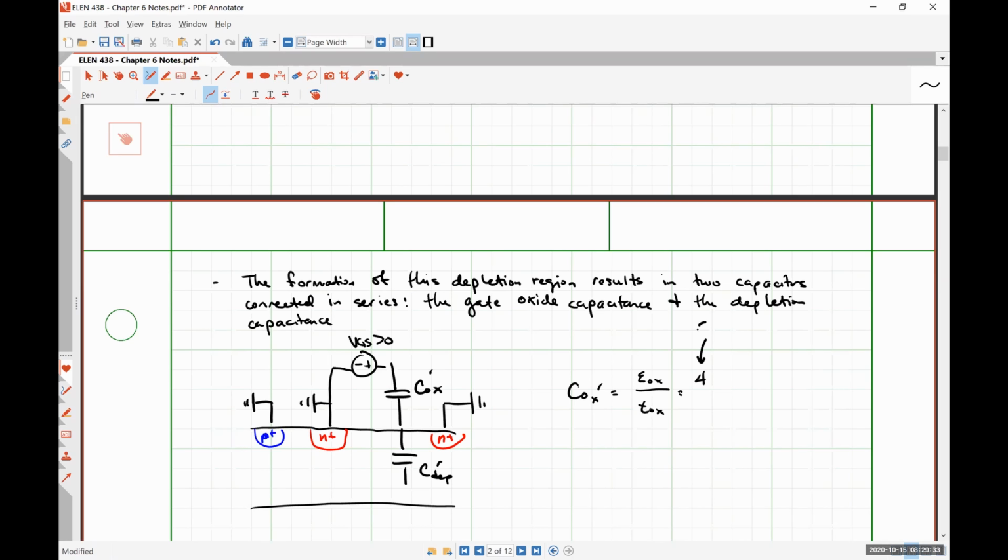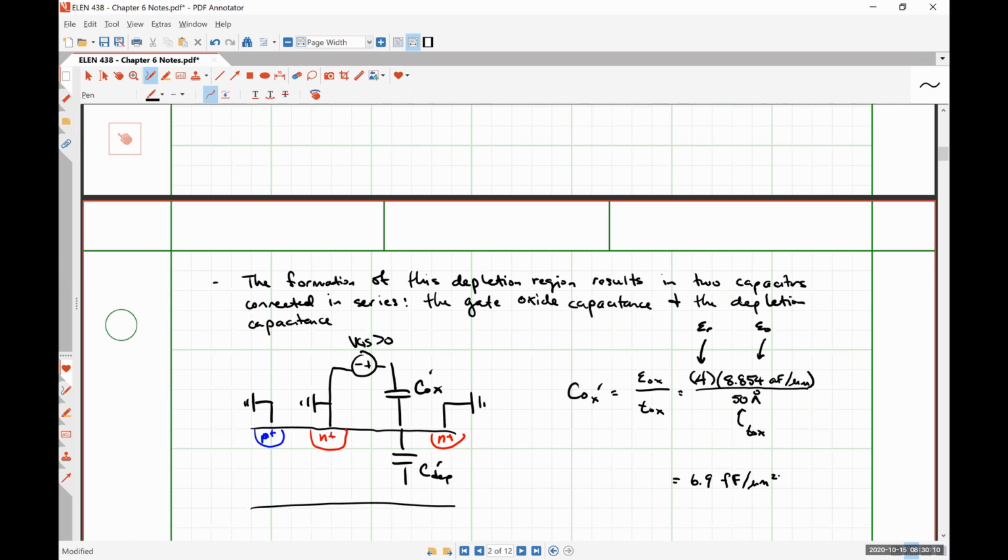So that's epsilon R, and we have 8.854 attofarads per micron, which is epsilon naught, the permittivity of free space, divided by the oxide thickness, typically on the order of 50 angstroms. This gives us a numerical value of somewhere around 6.9 femtofarads per micron squared.